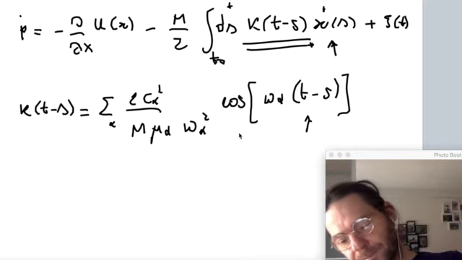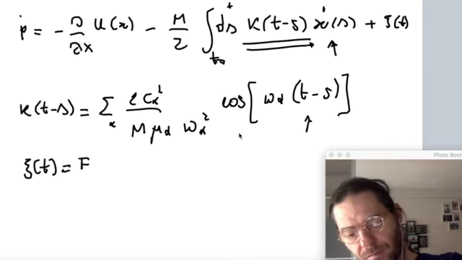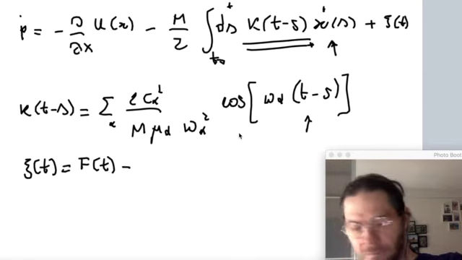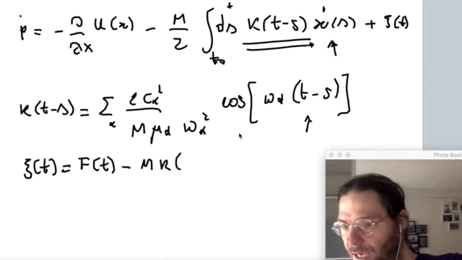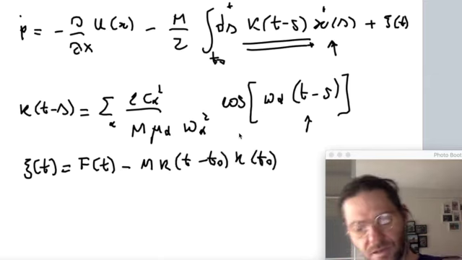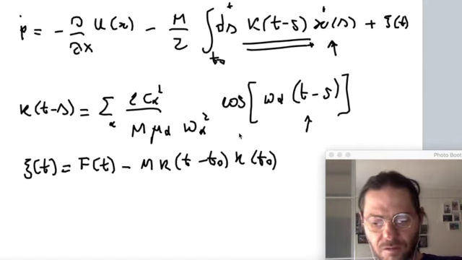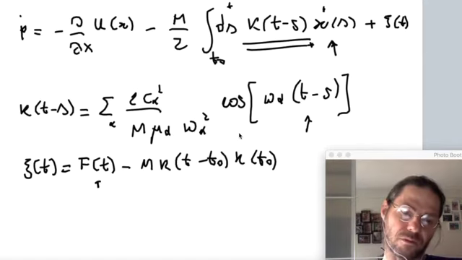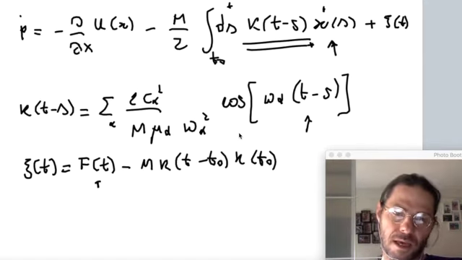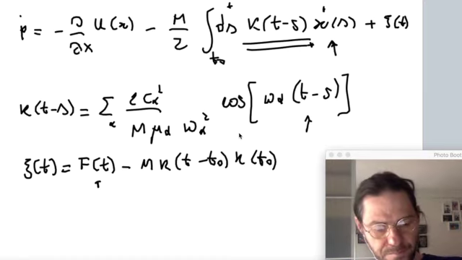Psi of t, if you write it explicitly, is my previous F of t minus m k t minus t naught x t naught. So this term here is basically a rescaling of the force that I was writing in the previous board expression. And again, this term has the interpretation of a stochastic force.